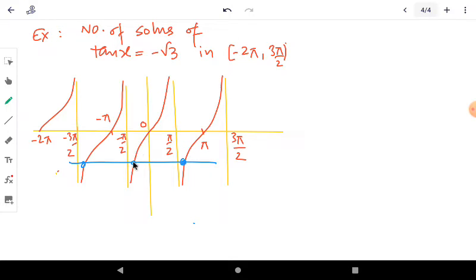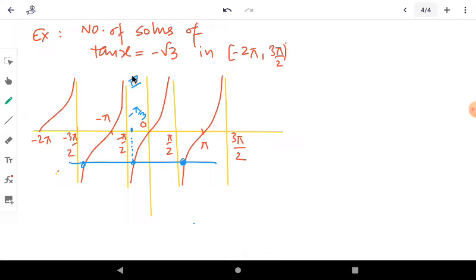Suppose this point, what is the x value of this point? We can clearly say that it is in the fourth quadrant. This angle is between minus pi by 2 and 0, so it is minus pi by 3. So we can find the solutions also in this case, since we already know the angular value of the given value, minus root 3.